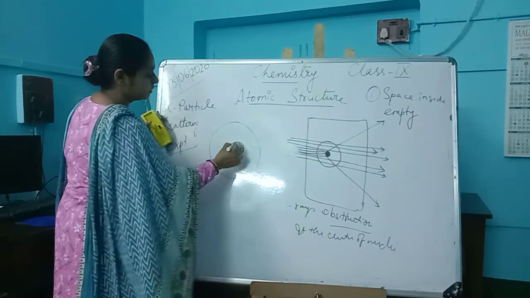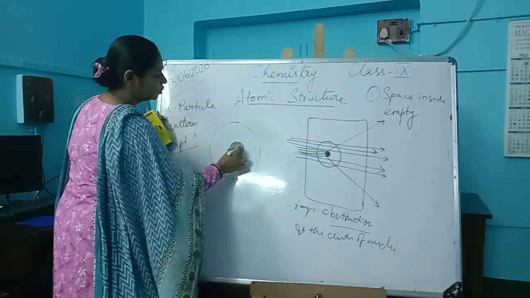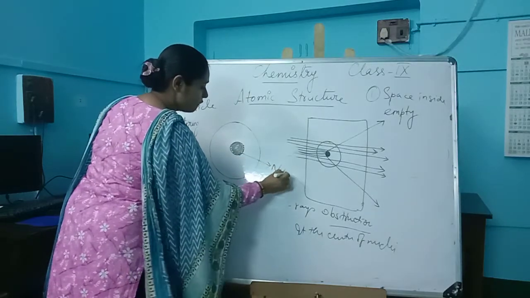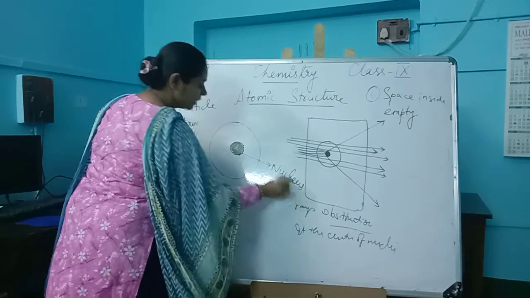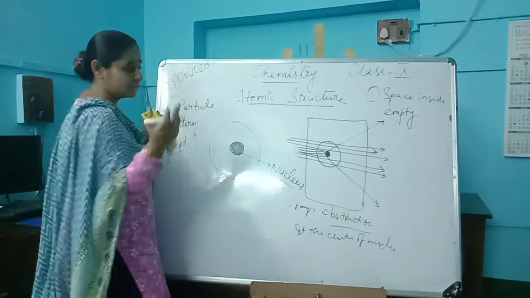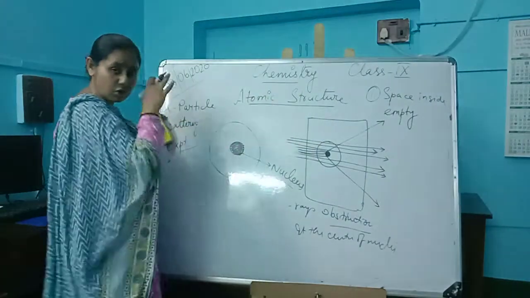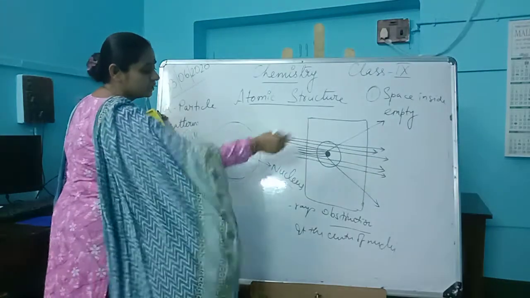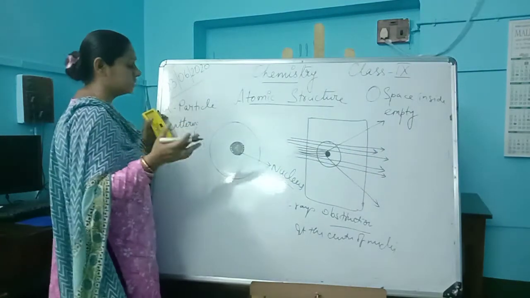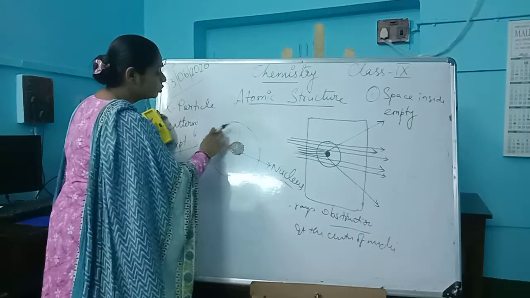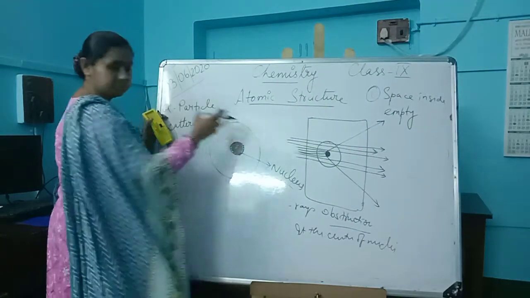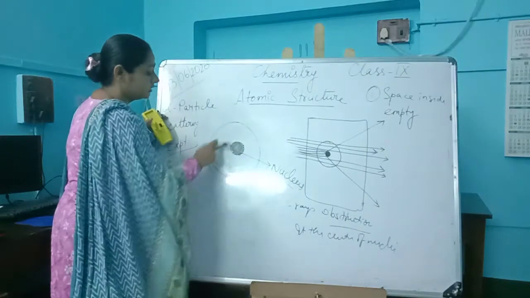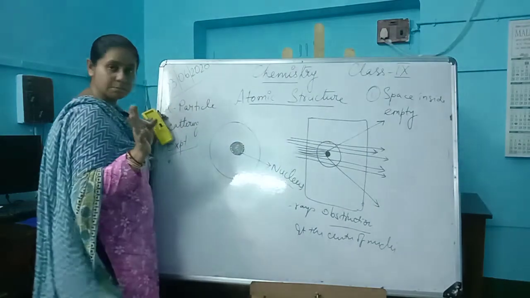This is an atom, this is the nucleus. The nucleus of an atom occupies very small space, that is why only a few of the rays got deflected into different directions and very few of them got rotated through 180 degrees. So most of the space is empty, and the nucleus occupying small space is also correct.